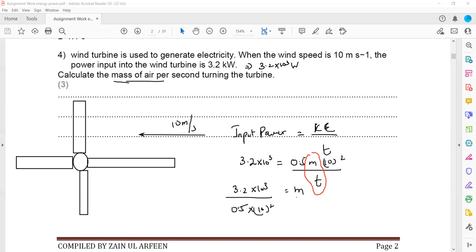So what is m by t? Mass divided by time. When we solve this, it comes out as 64, and because mass is in kilograms and time is in seconds, it will be 64 kilograms per second. Is it clear? That is how we work out how much mass of air is passing every second.